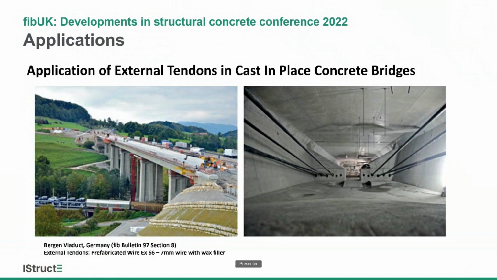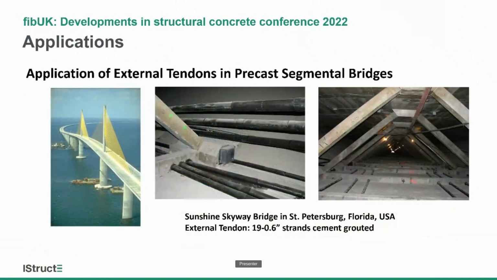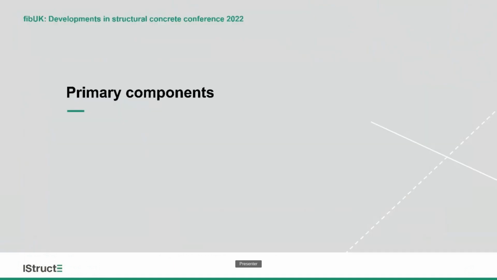Generally, I believe everyone is aware of external tendon technology, a technology that we have been using for 50 years, with main applications in new structures, for cast in place bridges as well as precast segmental bridges. Besides the application in new structures, there are also a lot of repair and strengthening projects, which I will also show you at the end of this presentation.